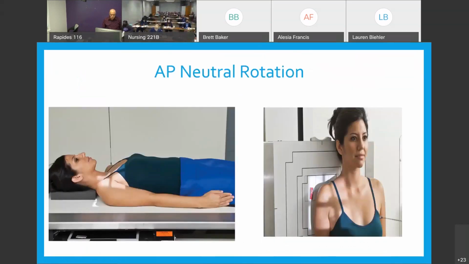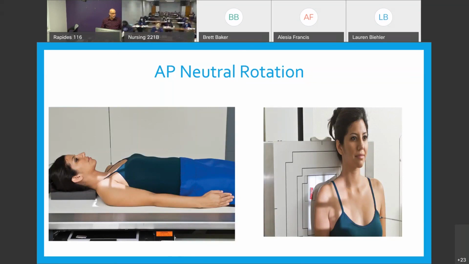Some more pictures of them here. This is a neutral here. There's protocol, and most facilities don't do neutrals because they really don't show anything. The lesser and the greater disappear over the humeral head. So it's going to be site specific. You'll need to ask the protocol if they want to do internal, external, which is the norm.